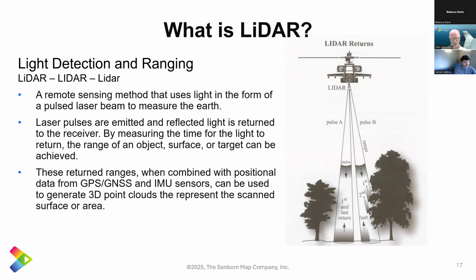In a case where the light pulse is going through several different things, such as a tree, we might get multiple returns for that same light pulse. Therefore, we're building up additional data regarding any one particular object, and that's really very valuable data when we try to extrapolate through that.